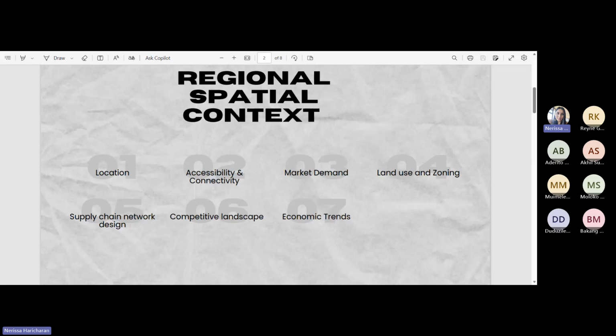Then we want to talk about accessibility and connectivity. When you're looking at regional spatial context, you want to analyze the accessibility and the connectivity of warehouses to transport networks. Whether it means easier access to major highways, ports or airports, as well as what the capacity of the transport infrastructure in that specific region is. Are there any constraints? Is there congestion? Are there bottlenecks?